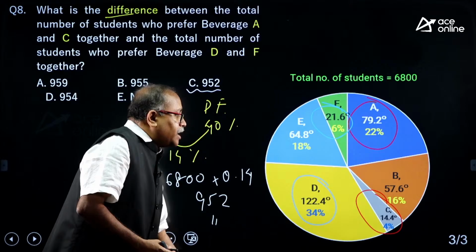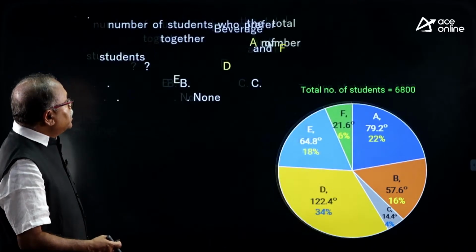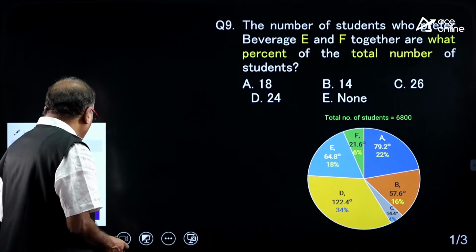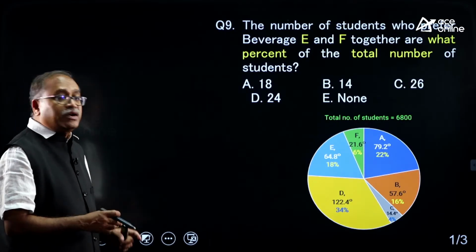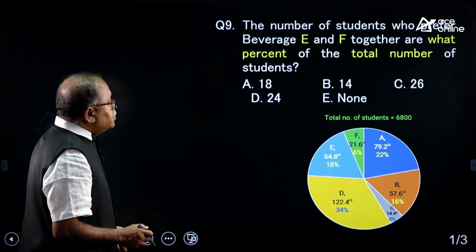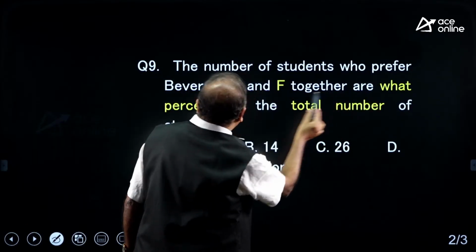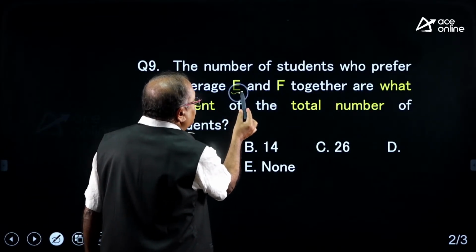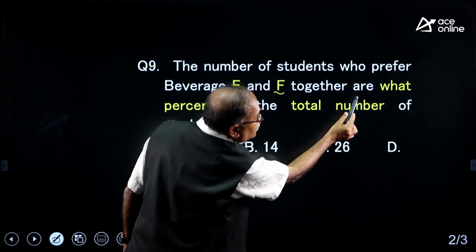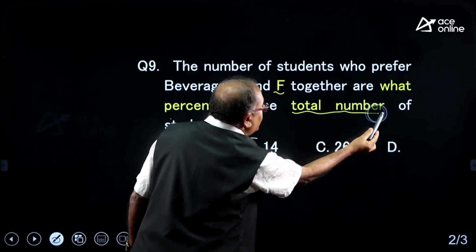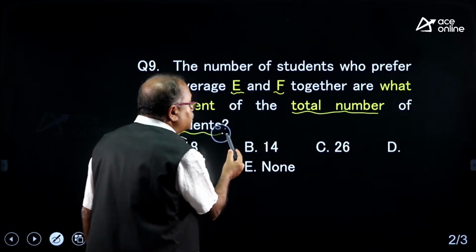Okay. I am moving on to the next question here. First we will read what the question is. The number of students who prefer beverage E and F together are what percentage of total number of students?